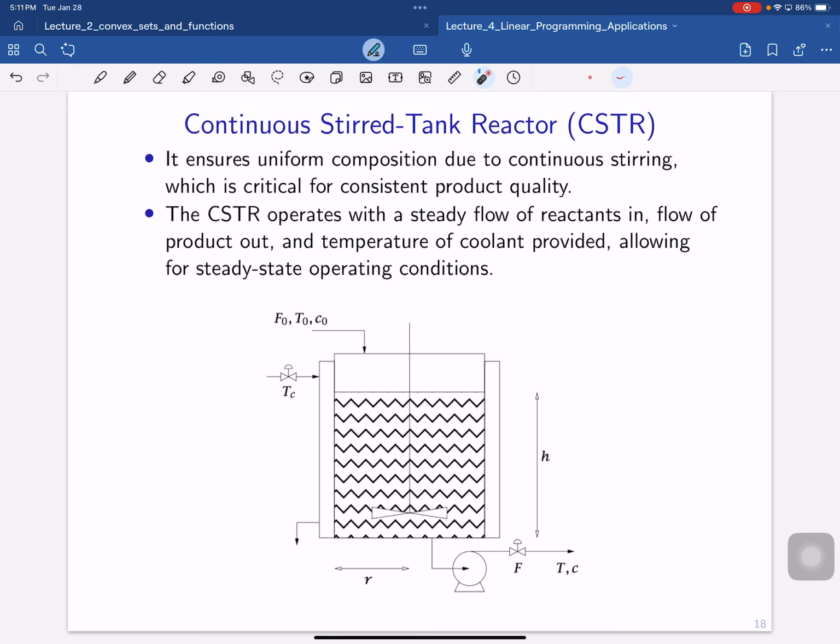If you do not use any cooling water, this reactor may explode. Therefore, you put in some cooling water to cool down the reactor. The cooling water temperature is denoted by Tc, and H denotes the height of this reactor. You want to control the reactor such that the height remains almost constant despite some noise.